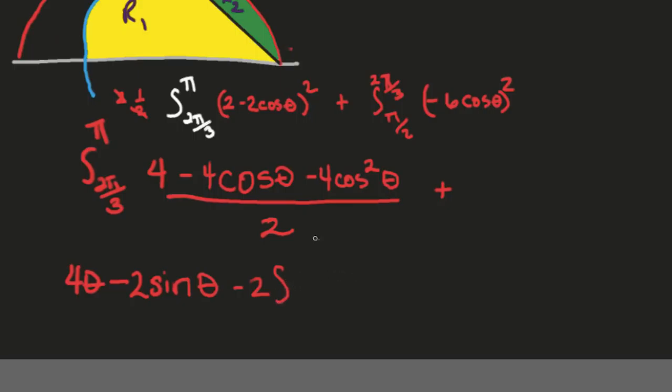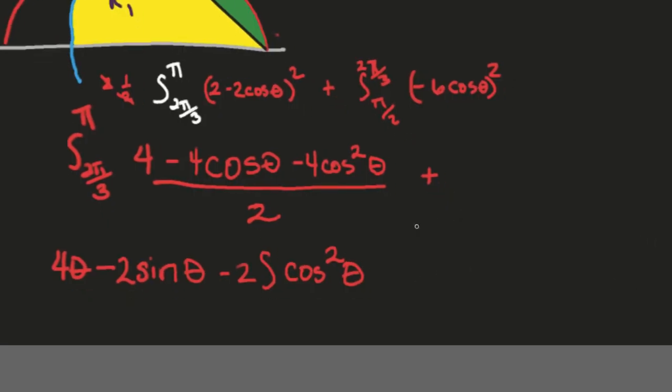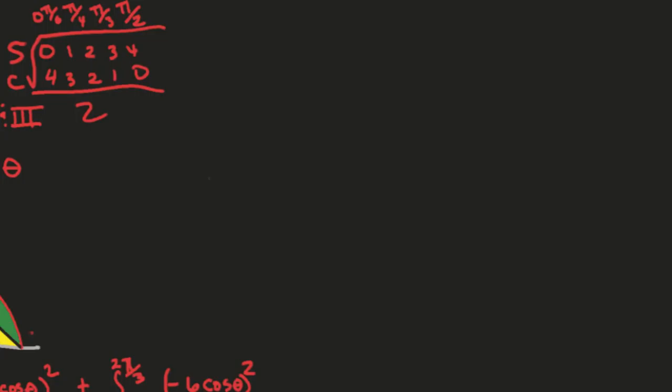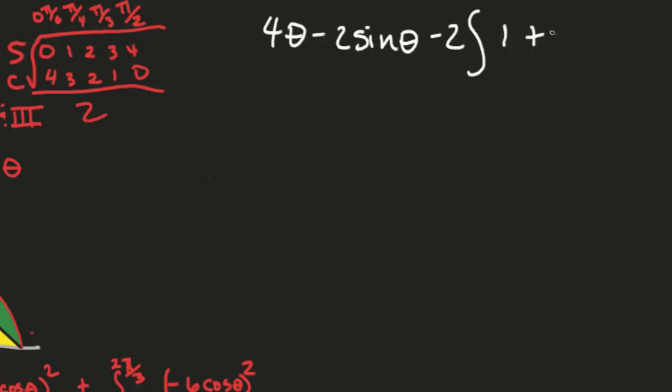What did I tell you about that phone, buddy? Then you're right, you do use that identity. So we're going to get, let's see if I can remember all that. It was 4 theta minus 2 sine theta, and then minus 2 integral of 1 plus cosine 2 theta over 2.